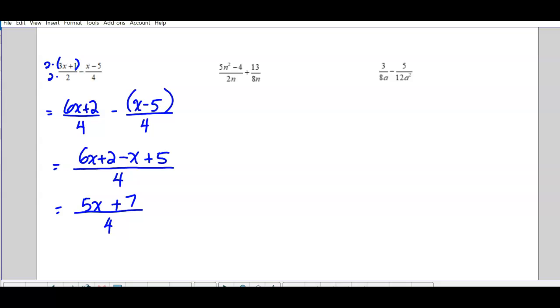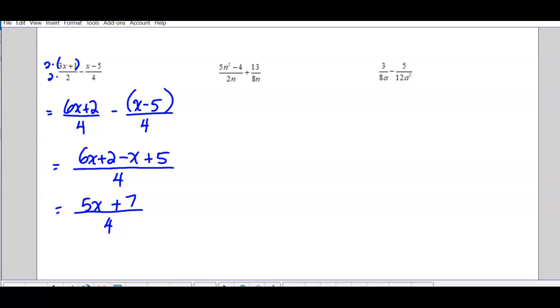Don't choose 0. Choose any non-zero number. Let's say maybe a 1. If you put a value in for x everywhere in the original, find the value, put it in your answer, find the value, and it should be the same. Okay, so I usually choose x equals 1. So that would be a way of testing.